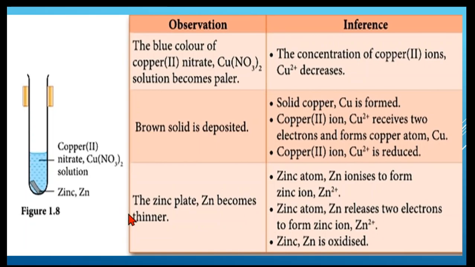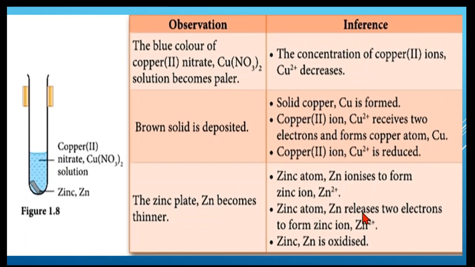The third observation is the zinc plate become thinner, menipis. Kenapa? Because the zinc atom ionize. Ionize maksudnya dia release electron to form ion, Zn2+. So dia release 2 electron to form zinc ion Zn2+.